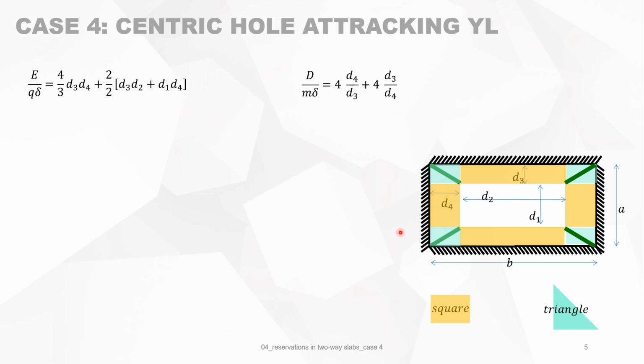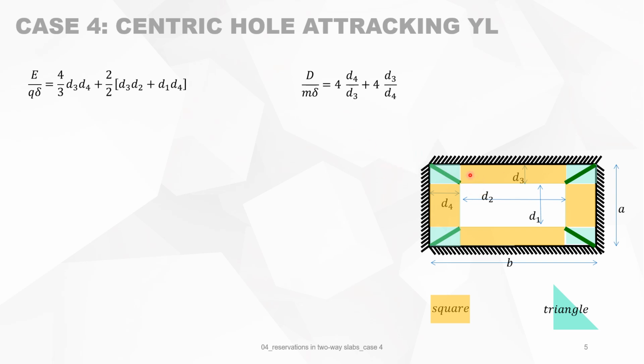The virtual work done by the internal bending moments is then equal to this. The yield line projected to the rotation axis gives you this line, which means d4, and the angle is delta divided by d3. So you get d4 divided by d3, and you get it 4 times in the 4 corners.